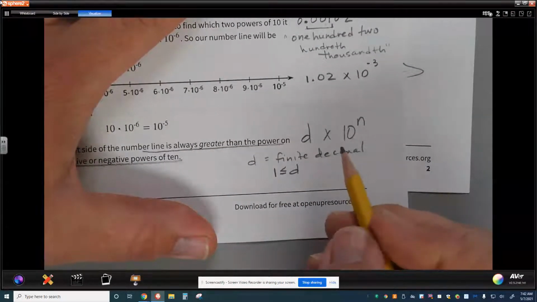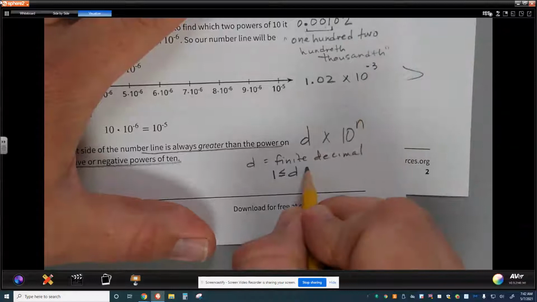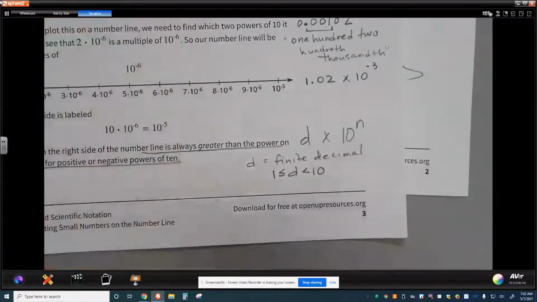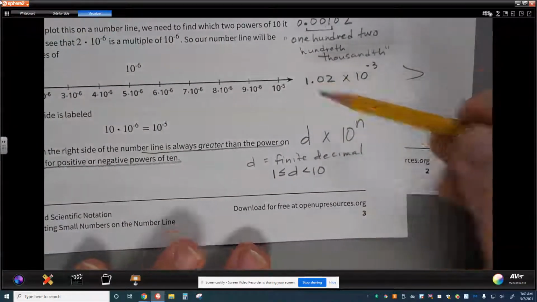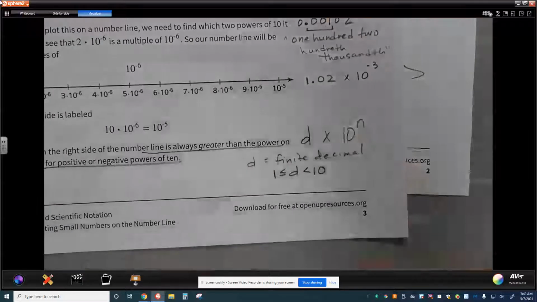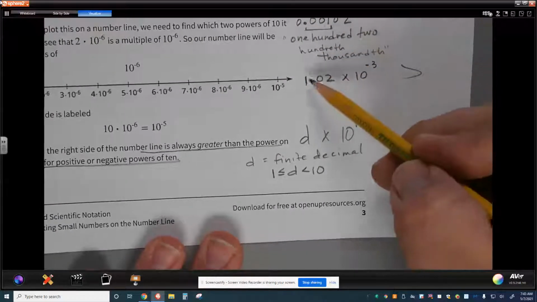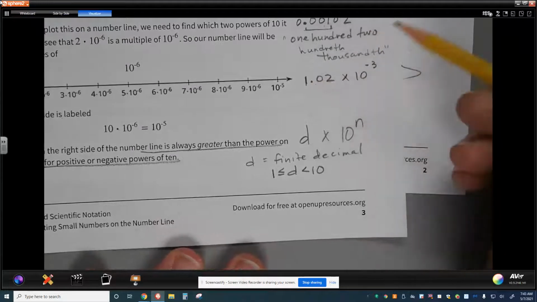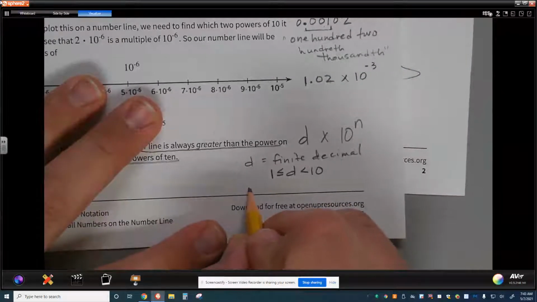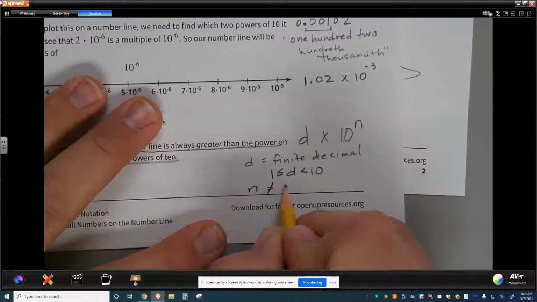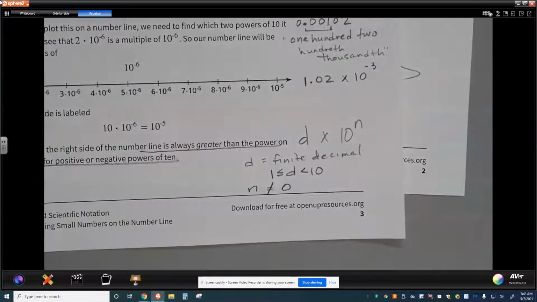So it can't be 0, it cannot start with a 0, and it has to be less than 10. So it cannot have 2 digits in front of the decimal. The only digits that you're allowed to use in front of the decimal in scientific notation are 1 through 9. Okay, the value of n can be anything except 0.